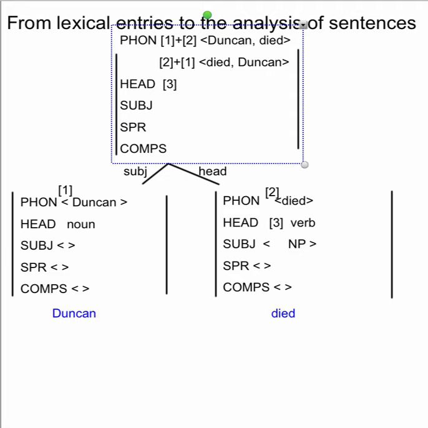Now, since we know that this is a head-subject combination, we can exclude the wrong word order by this particular part of the principle that takes care of head-subject combinations. And we say that the phonology value of the phrase starts with that of the non-head daughter. So we must have Duncan died. The other one will be excluded.